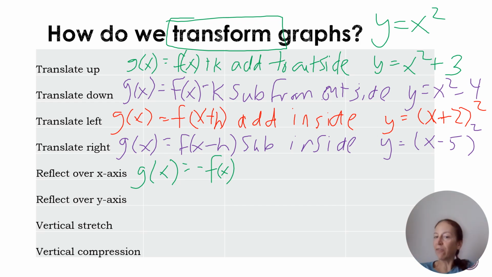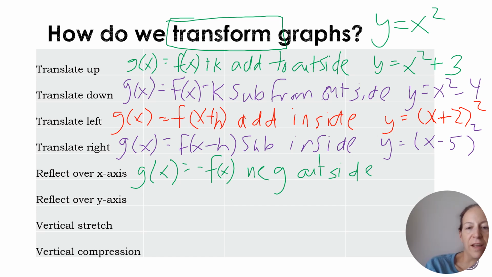Or if it was negative, it would flip up and make it positive because it would flip the sign. So we would say that this is done with a negative outside. And if I just did a flip, it would look something like that. Y equals negative x squared. And that's going to flip it over.